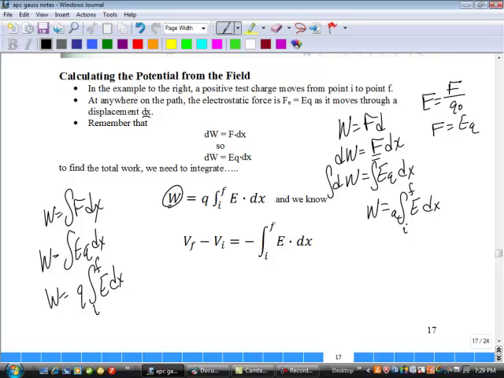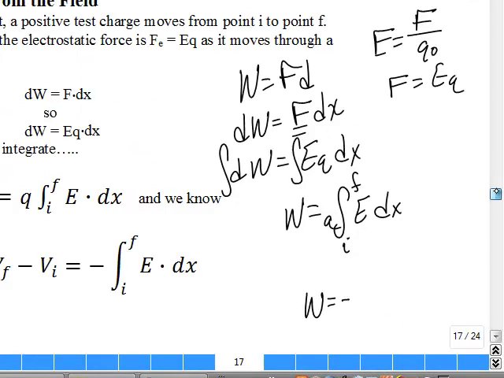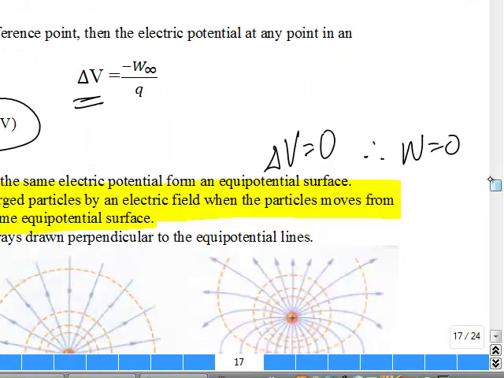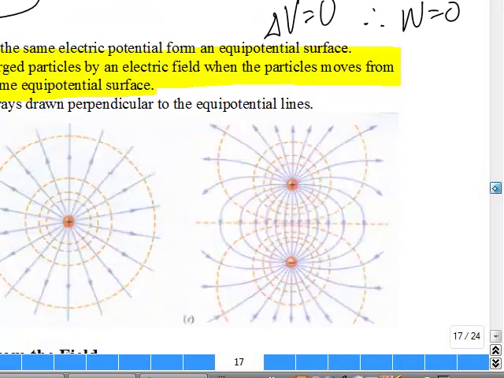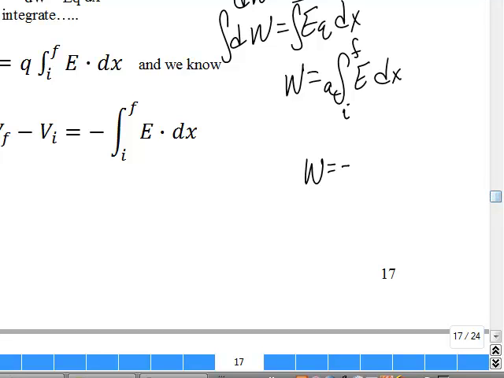Now, remember up here a minute ago we talked about what work is equal to. Hopefully you remember that work is going to equal, let's go right back up here where we saw it, this delta VQ. So if I have the negative work equals the change in volts over Q, I can plug this into this formula.